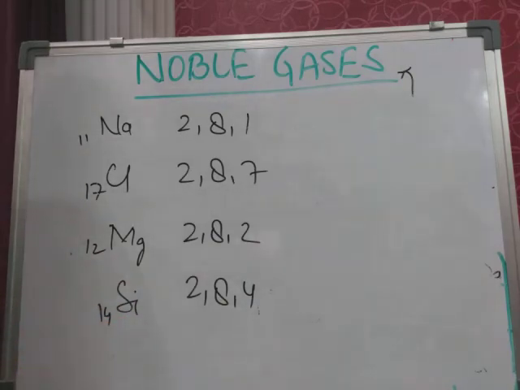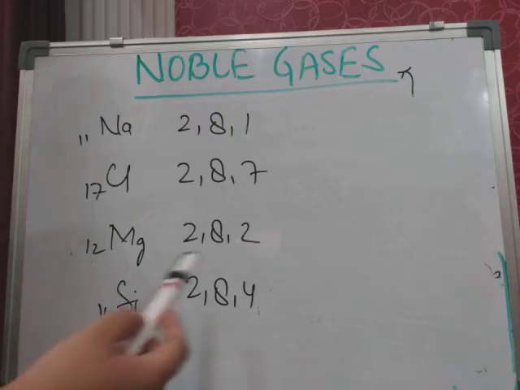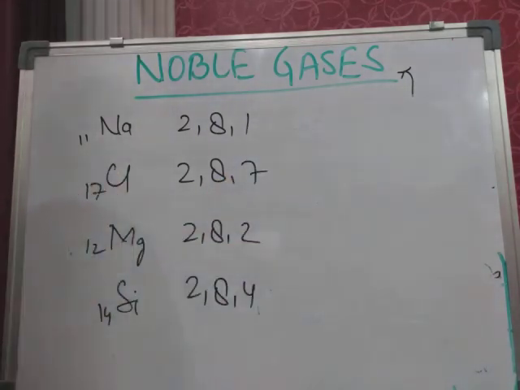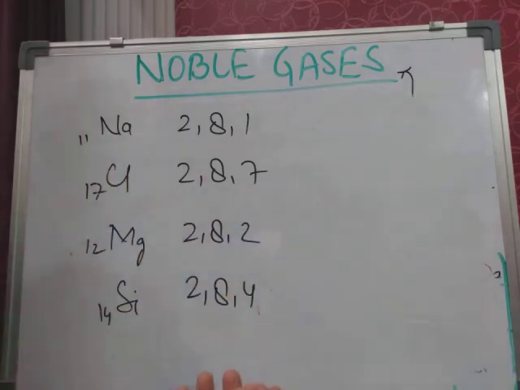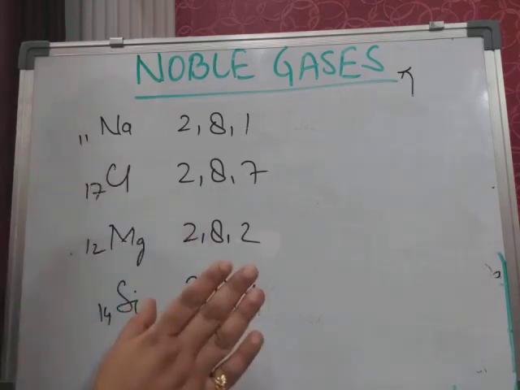Now, what is the octet rule? The octet rule means having 8 electrons in the outermost shell. Noble gases only have 8 electrons in their atoms, and the atoms of other elements do not have a complete octet.